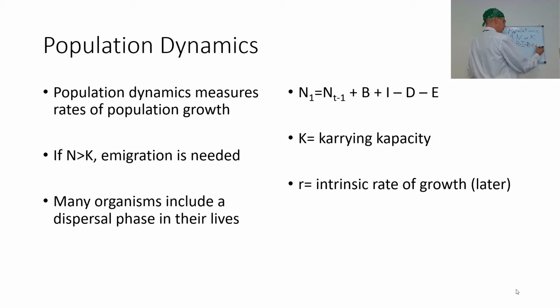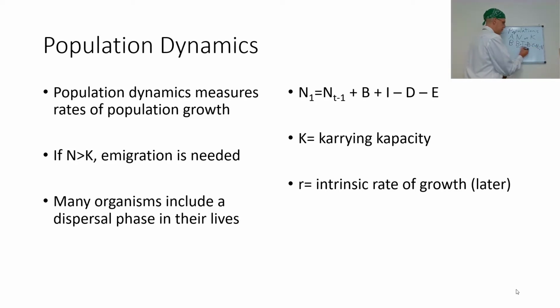Starting with, of course, your N at t minus 1 equals your N. So the total number is going to be equal to the births plus the immigration, minus those that leave by death, minus those that leave by emigration, plus the initial number in the last generation.